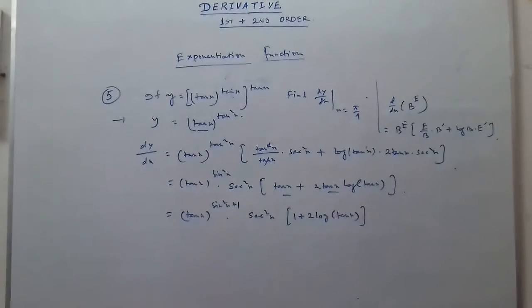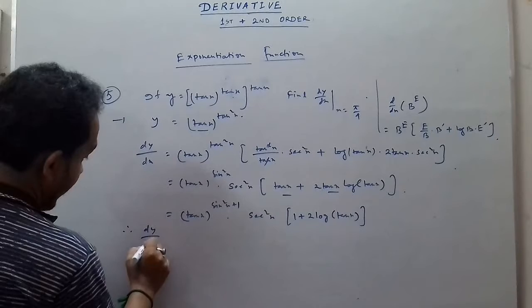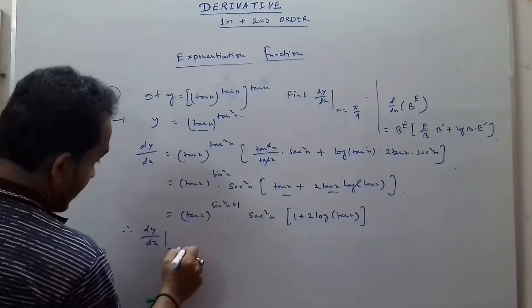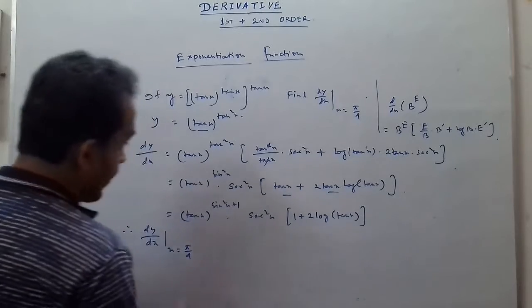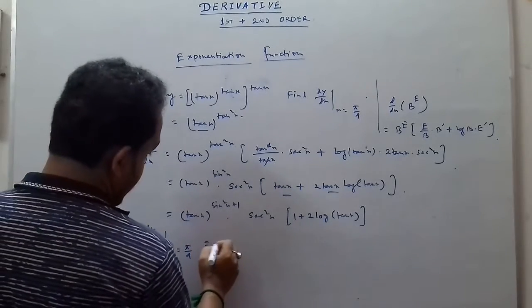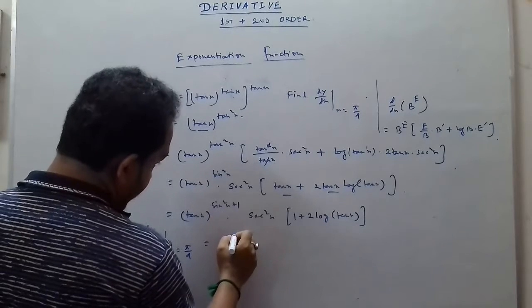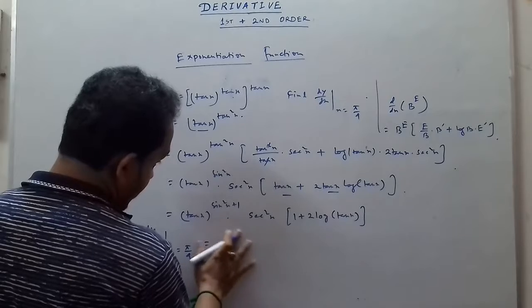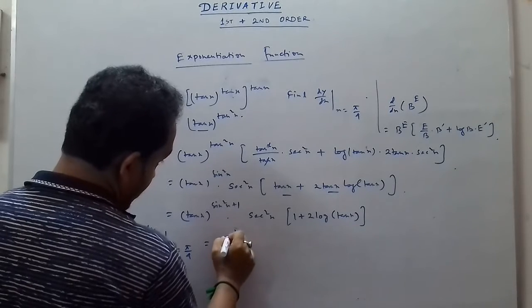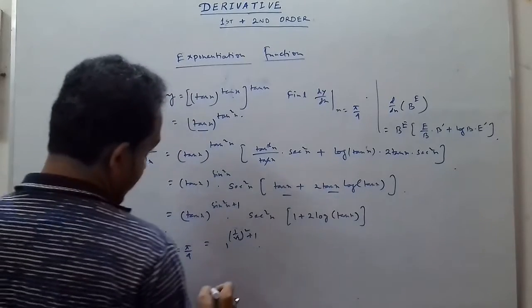This one. And we have to find it at the value of x equal to pi by 4. Now we put the value of x equal to pi by 4 on the right side. We get tan pi by 4 is equal to 1. Sine square pi by 4, that is sine pi by 4 equal to 1 by root 2, so (1 by root 2) square plus 1 into sec pi by 4.